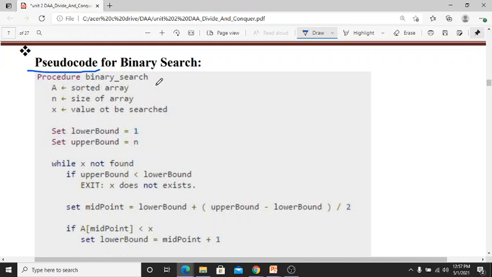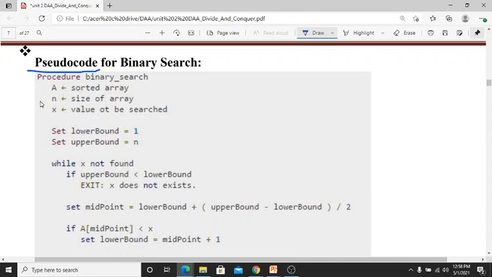The pseudocode for binary search is: procedure binary search, with A a sorted array, meaning the array should be sorted, the first condition of binary search. N is the size of the array, whatever size you want to give, 10, 9, 5, 4.